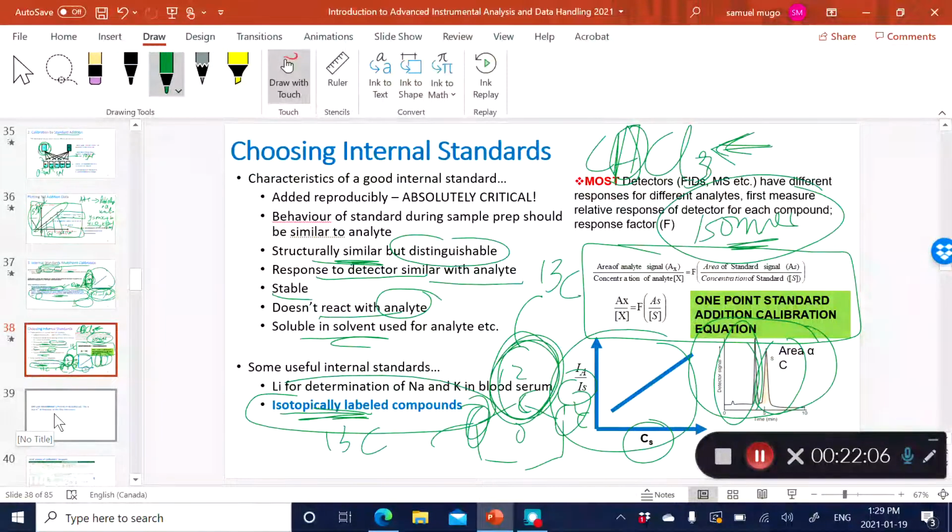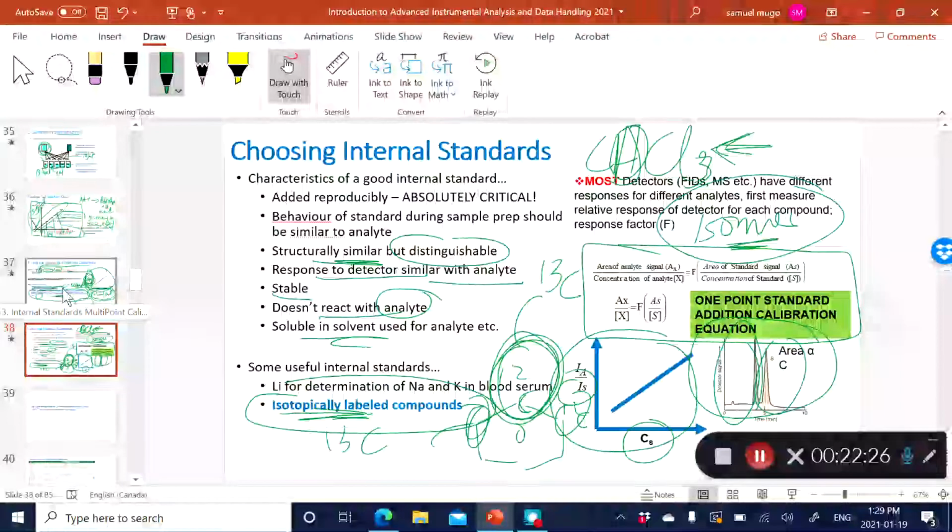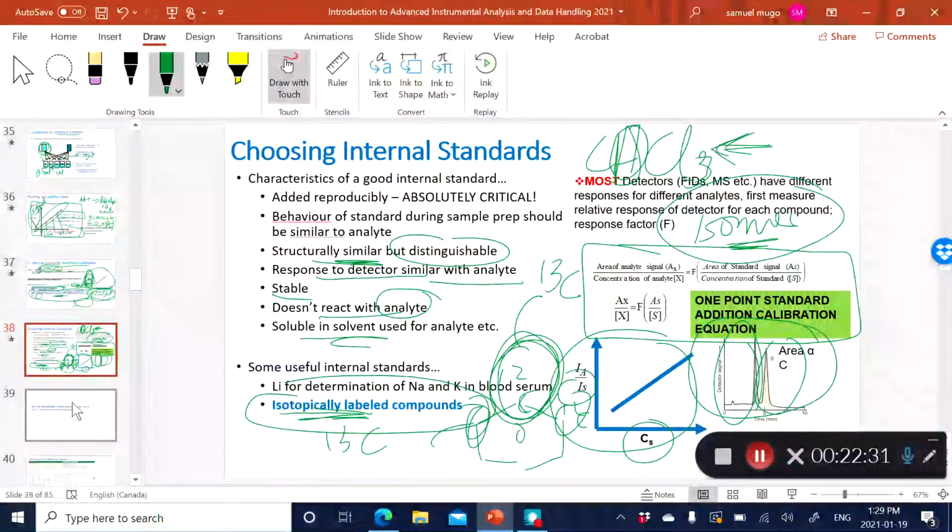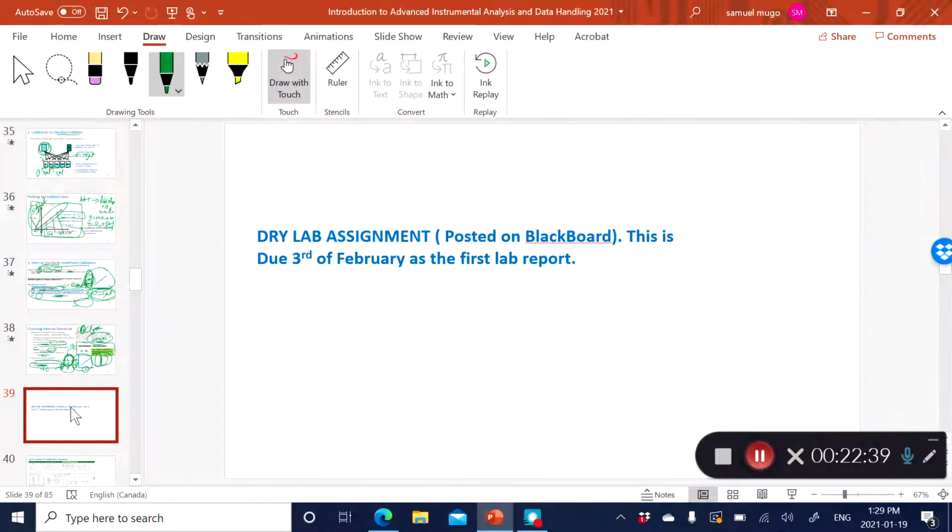So I hope it's clear to you how you do calibrations using the 3 different methods, namely, the external calibration method, the standard addition method, and the internal standard method. And I'd like you also to know why you use each one of those methods, so that you can determine, depending on the problem, the ideal method of calibration to use.